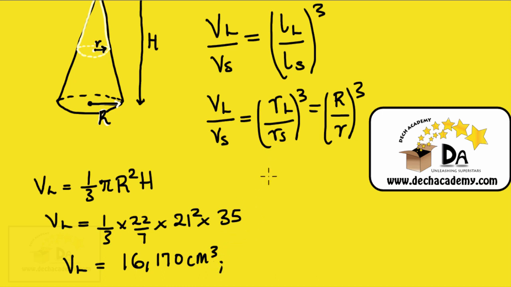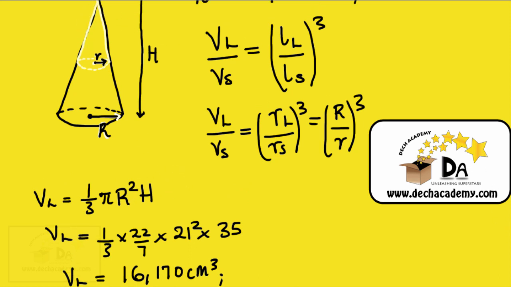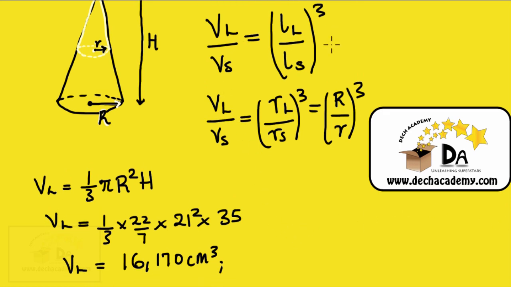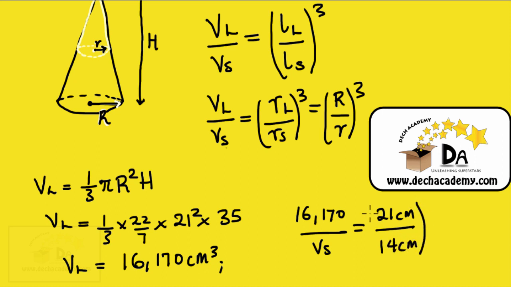Now, to determine the volume of the small cone, instead of using this formula, which we can't actually use because we don't know the vertical height of the small cone, I can use this rule here. The volume of the large cone, which is 16,170 cm cubed, divided by the volume of the small cone, is equal to the radius of the large cone, which is 21 centimeters, divided by the radius of the small cone, which is 14 centimeters, all cubed.